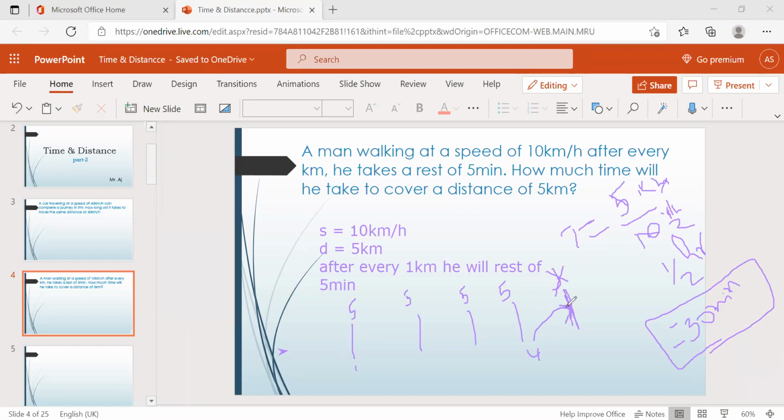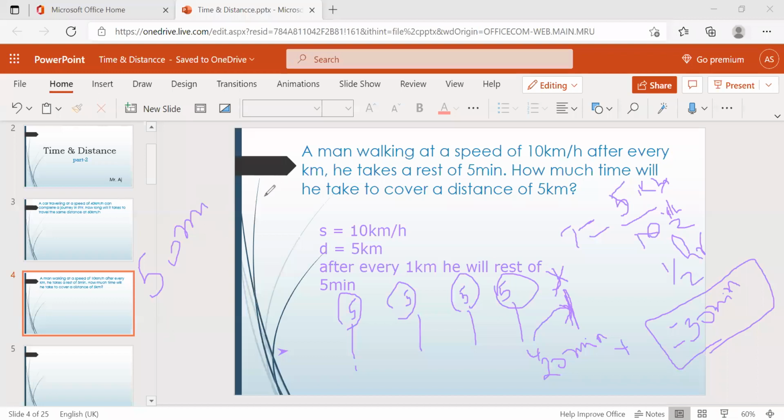So how much time will it take? Actually 30 minutes. 5 kilometers by 10 kilometers per hour, that's nothing but 30 minutes. And apart from that, 30 minutes plus every kilometer is 5 minutes extra. So 4 fives, 20 minutes. So 30 minutes plus 20 minutes, totally 50 minutes he will take to reach the destination.